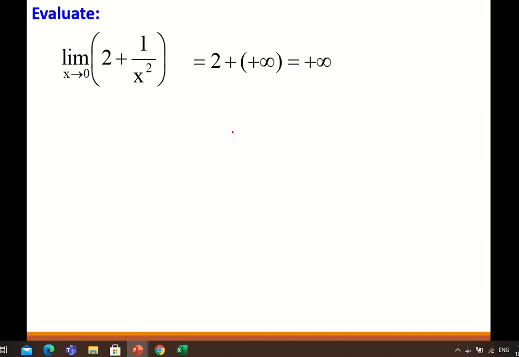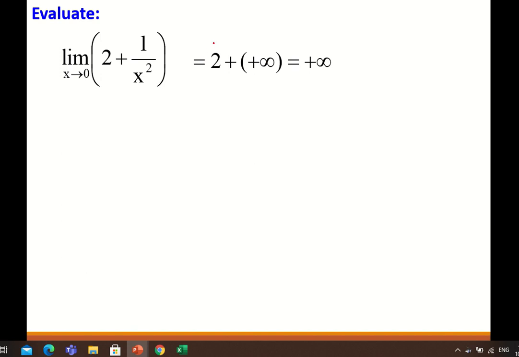But as you evaluate this using the rules that we have just learned, 1 divided by a very small number, squared, and then divided into 1, becomes a huge number. So we represent this by positive infinity.